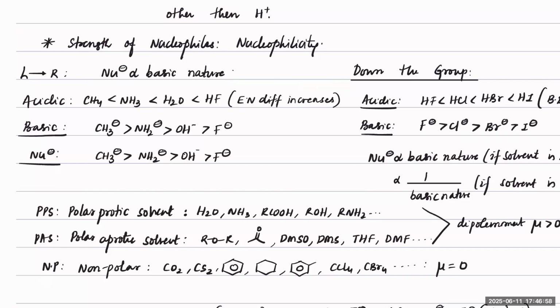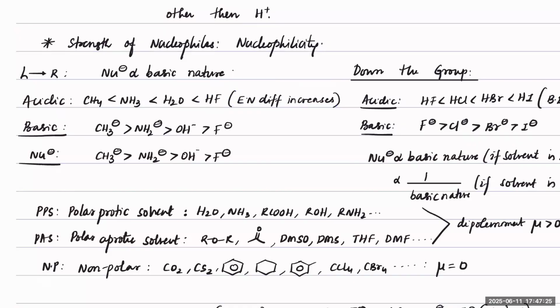And when it comes to acidic strength, left to right, you know that acidic strength increases. And left to right, electronegativity is the main factor you will notice. So if the electronegativity difference is more, I would say it is more acidic in nature.